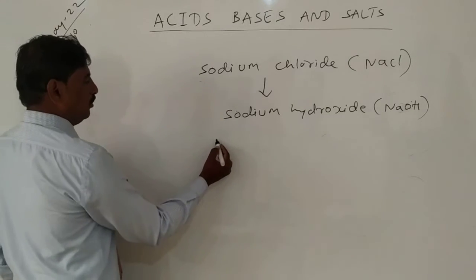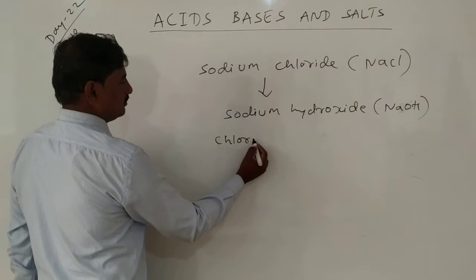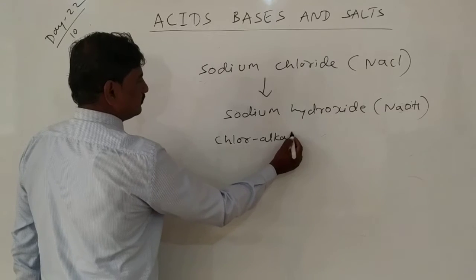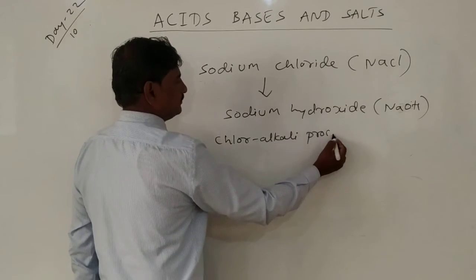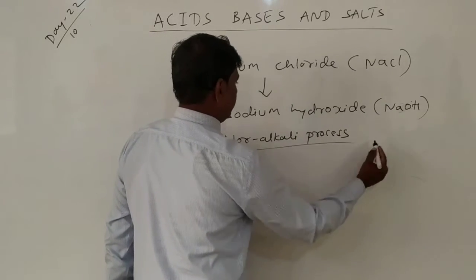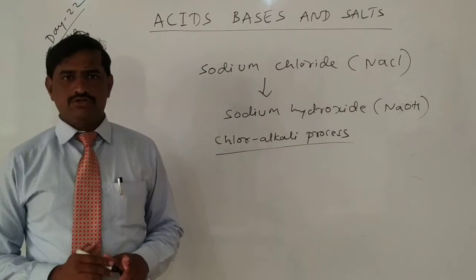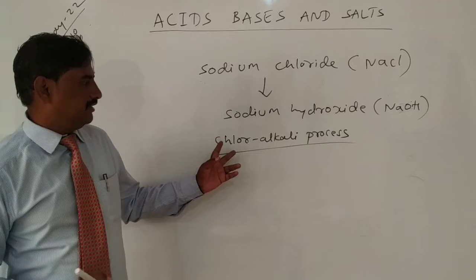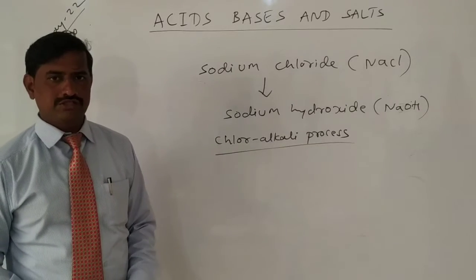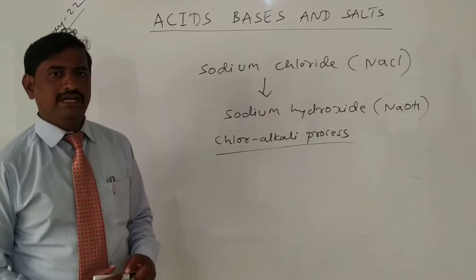That is the chlor-alkali process. Usually this is important for examination purposes. It carries a 2 marks question: explain or write the chlor-alkali process. Okay, what do you mean by chlor-alkali process?